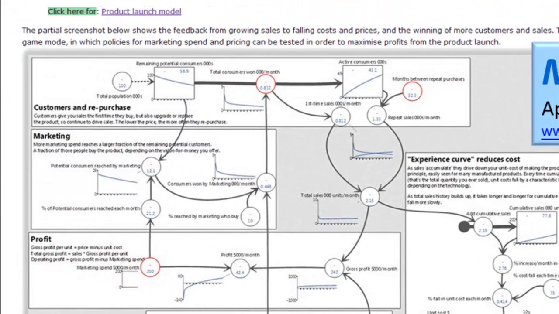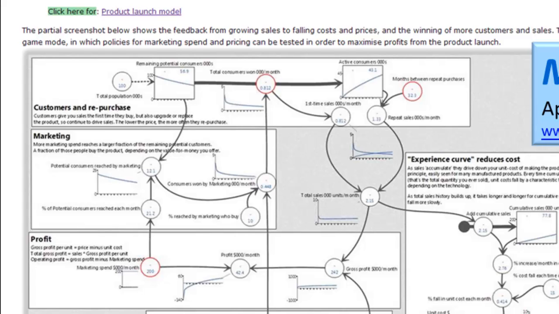The upper left part of the model is a simple diffusion model. For those who have come across this before, it's the Bass diffusion model for how a product penetrates a market, driven by marketing and driven by word of mouth, and how it ultimately runs out of potential because you've used up all of those potential customers.